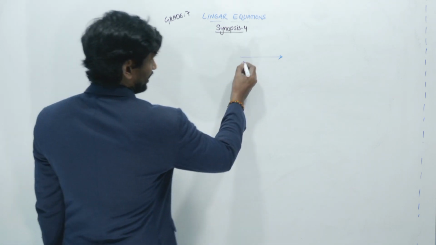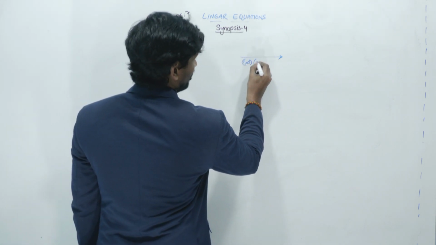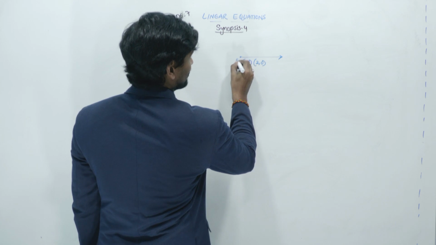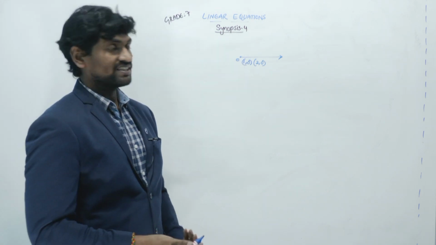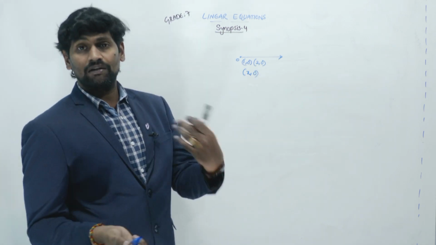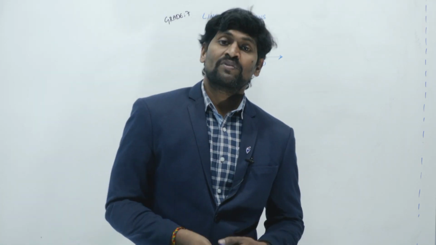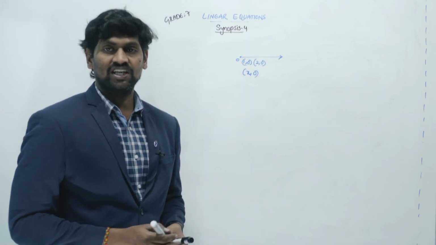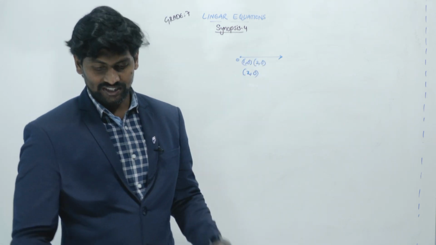That means (1, 0), (2, 0). These are all positive sides of the x-axis. Simply we can take (x, 0). X can be any value. It can be (100, 0) or (2000, 0) like that. So we can take an infinite number of points like that.